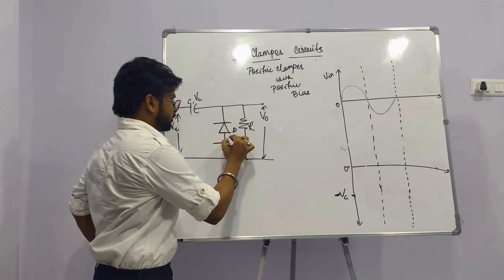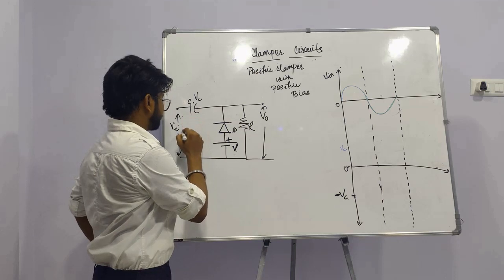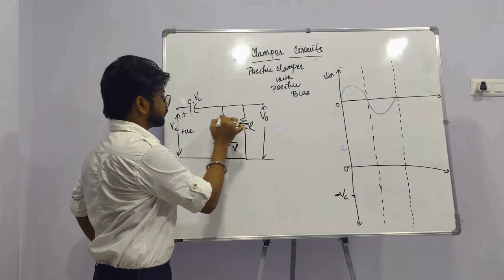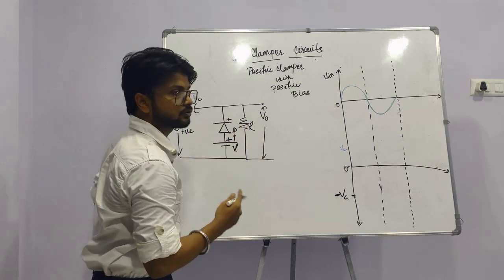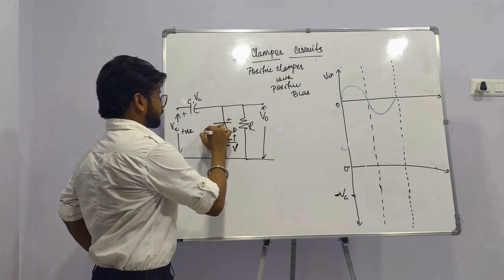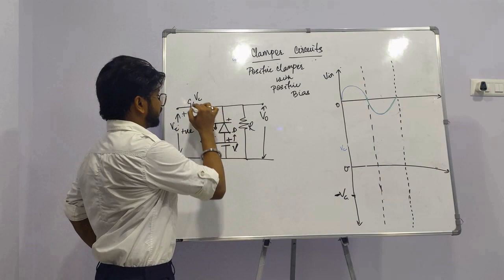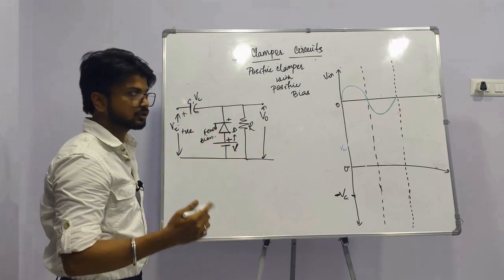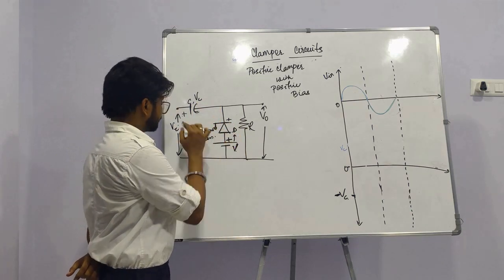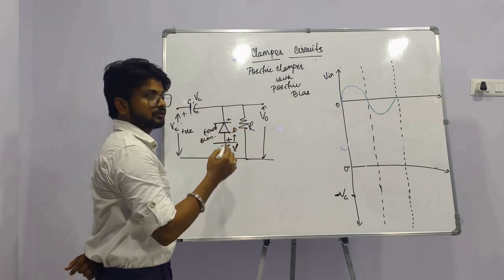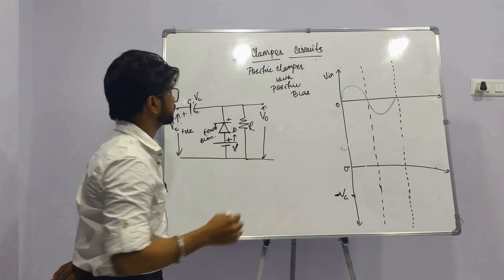Here the positive end is connected to the positive of the diode, and in the positive half cycle the positive is also connected to the negative of the diode, but as the input is more than it, the diode is in forward bias condition, and in forward bias condition this capacitor gets charged. In reverse bias condition, when the Vi voltage is greater than the voltage present here, as I said in the clippers in the last lecture.